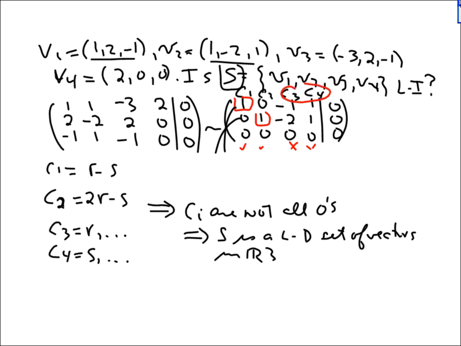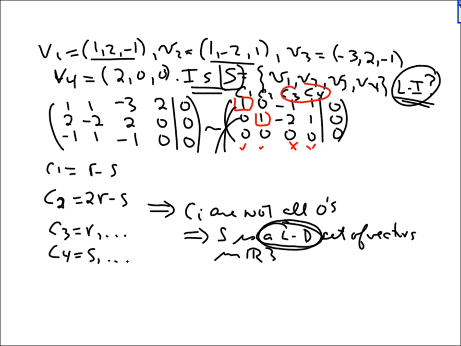Now, your teacher's being picky if he or she says you better say S is linearly independent or not linearly independent, because they're asking, is S linearly independent? And I really didn't answer it. I didn't say if S is linearly independent or S is not linearly independent. But linearly dependent means it's not independent.